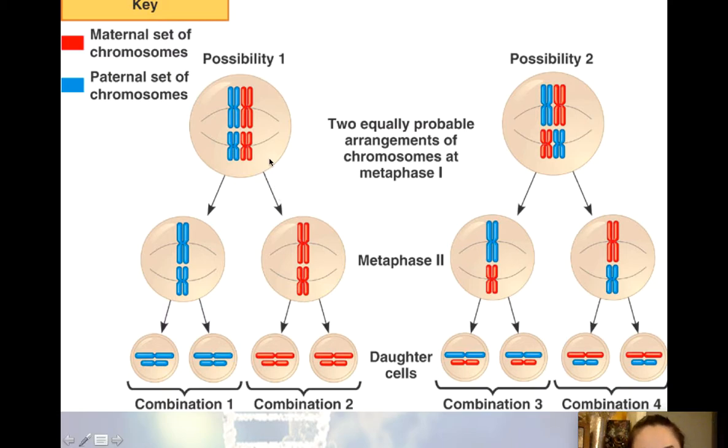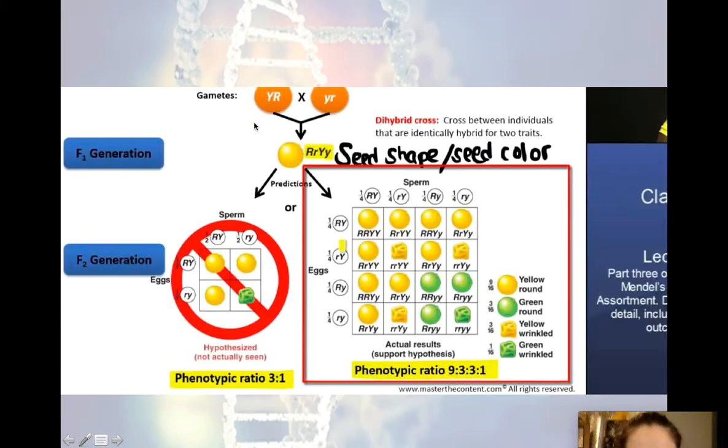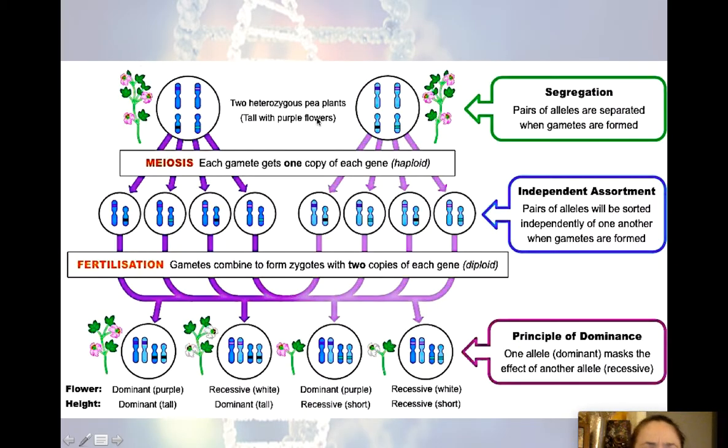So here's a better illustration of the law of independent assortment. I think that I really liked this picture best because it shows each of the principles. So here in green for segregation, it shows how the chromosomes during gamete formation will separate from each other.